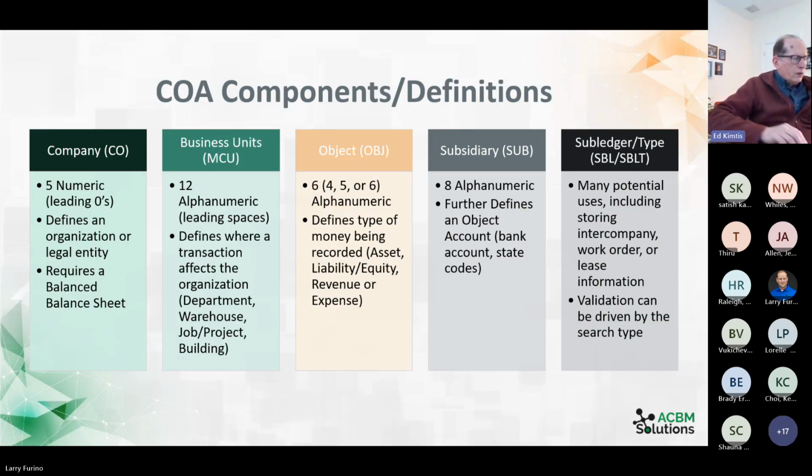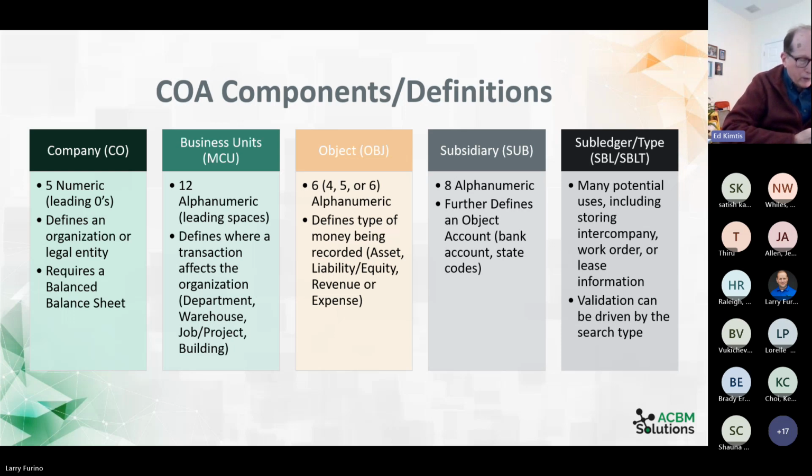A few things about a few definitions and components of a chart of accounts. The business unit, the business units where we need to capture organizational entities. That's where they need to be defined and represented. Now, some ERPs, PeopleSoft, Oracle, have multiple segments for defining departments and lines of business, locations, plants, and sites and those sort of things.